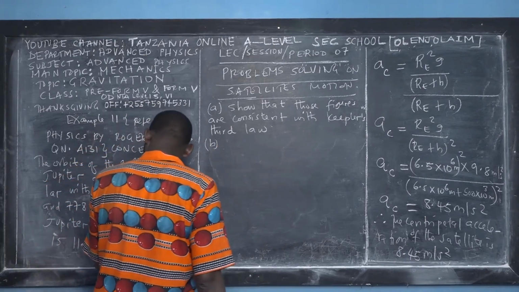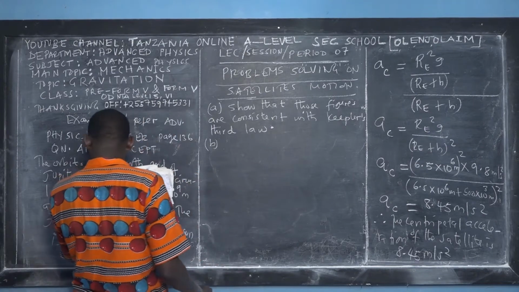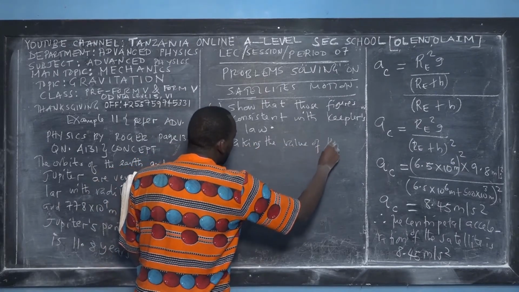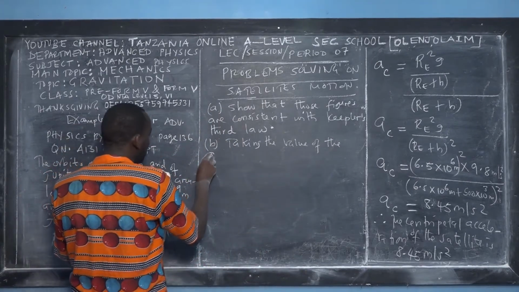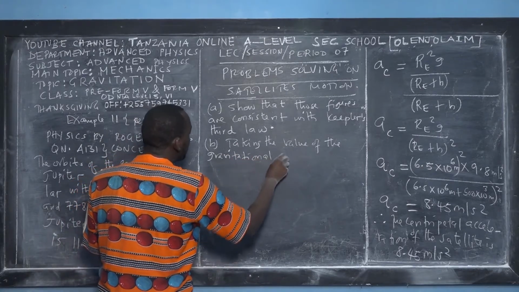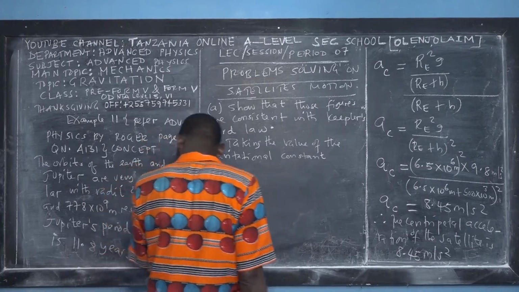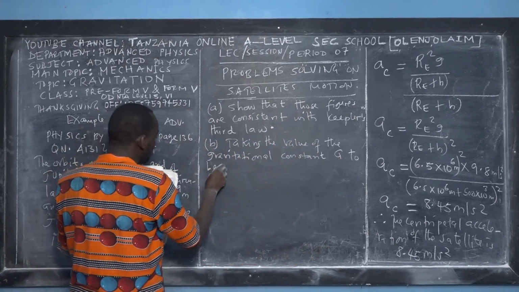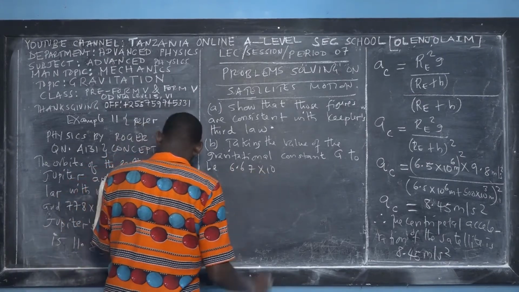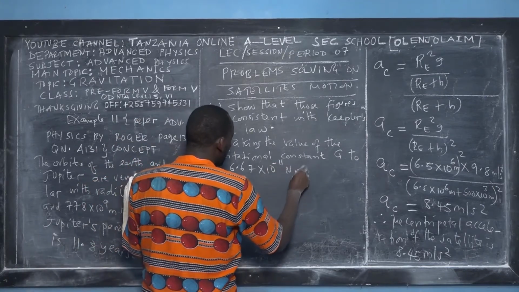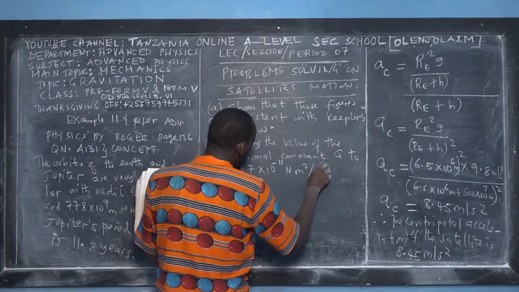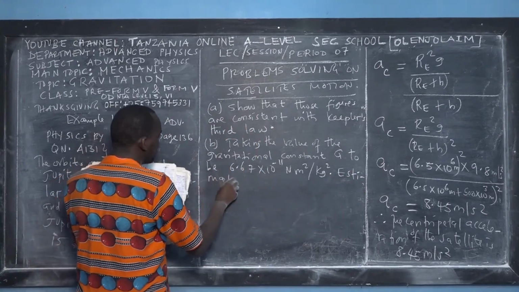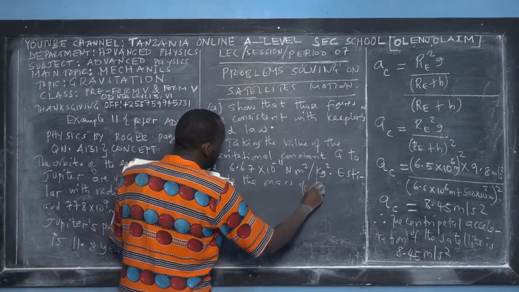B. Taking the value of the gravitational constant G to be 6.67 exponent -11 Newton meter square per kilogram square, estimate the mass of the Sun.